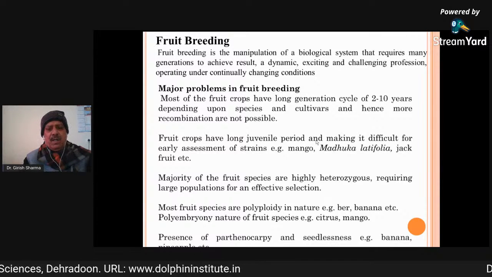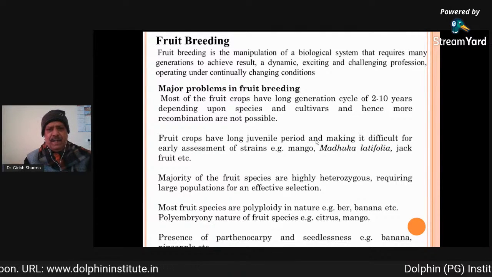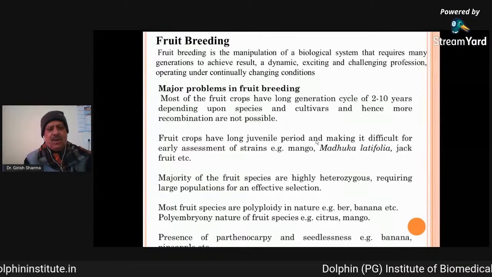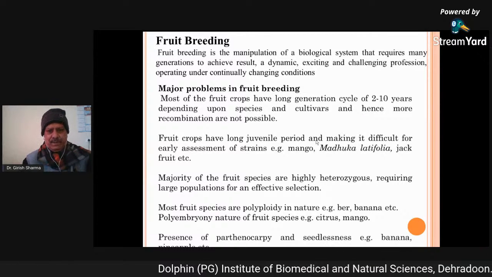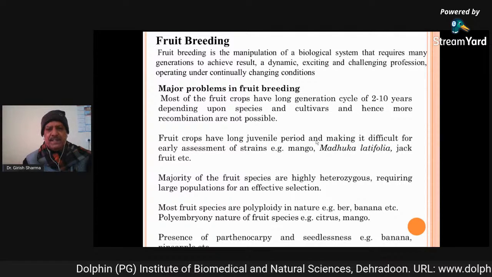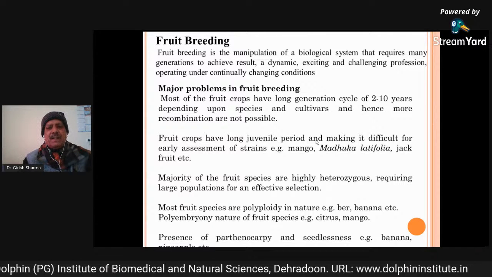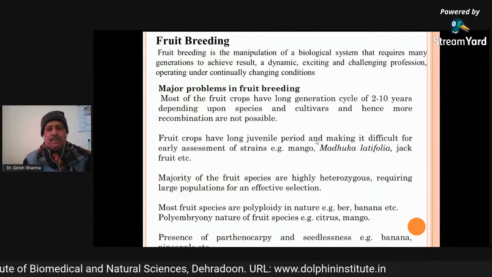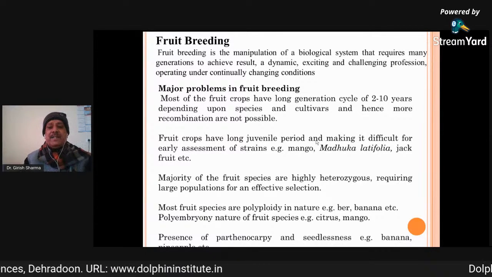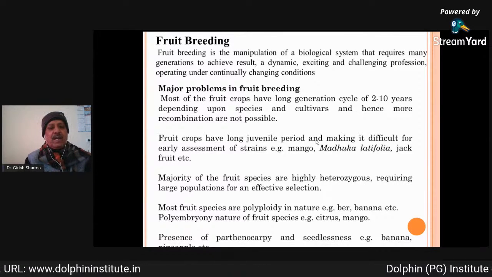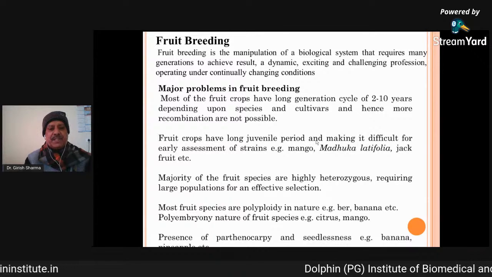Some have a short juvenile phase, and others have a very long one. And so selection and development of horticultural fruit crop varieties are somewhat difficult compared to the cereal crops. Most of the fruit crop species are highly heterogeneous and require a large population for effective selection.